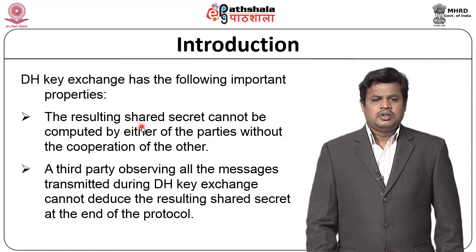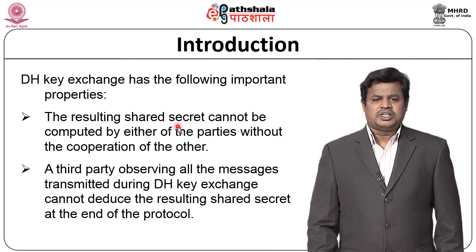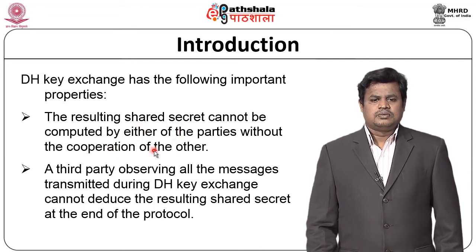Even though everything is public, all the information is shared in public, from the public, that means non-secret information, we can get the secret information. But even so, to get the secret information there must be some coordination among the users.